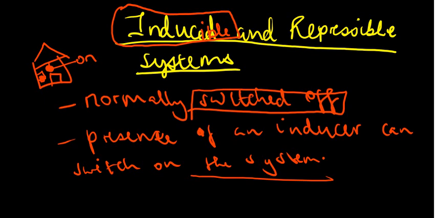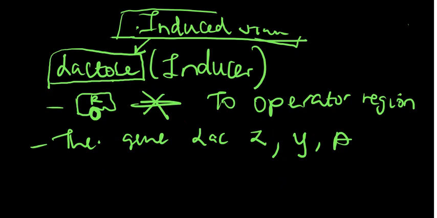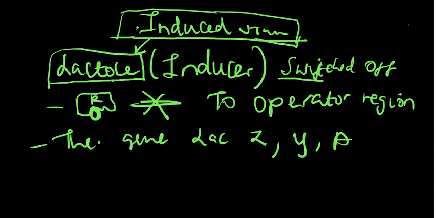Because it's normally switched off, it means it has the ability to be switched on. So it's inducible because it's normally switched off. And why is it switched off?